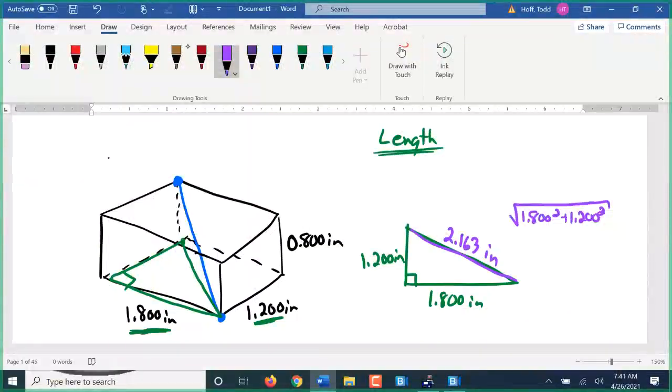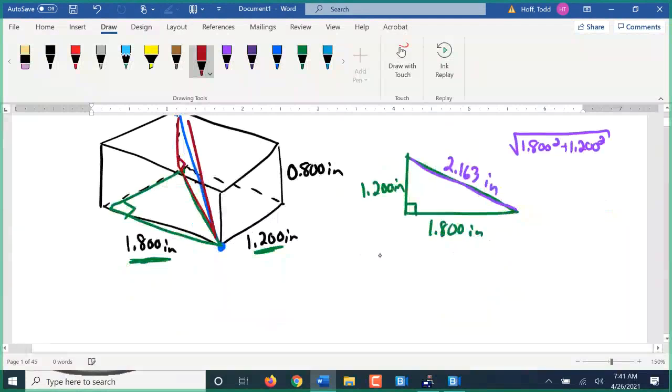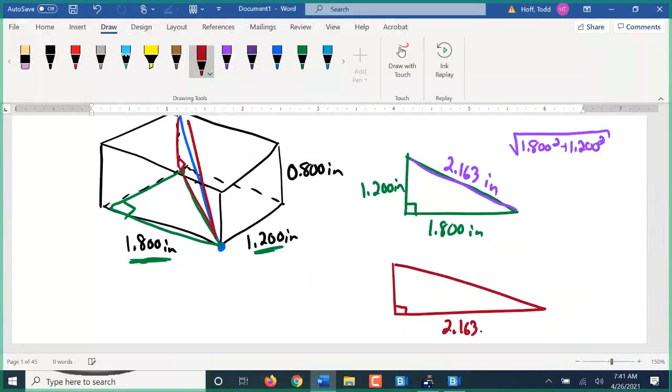Now, if we put that in there, now I have this triangle here. Now, this would be a right angle. This is the 2.163. This is the 0.8. How am I going to find the hypotenuse of that?